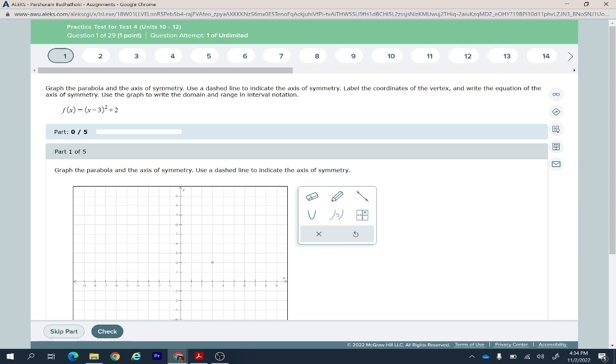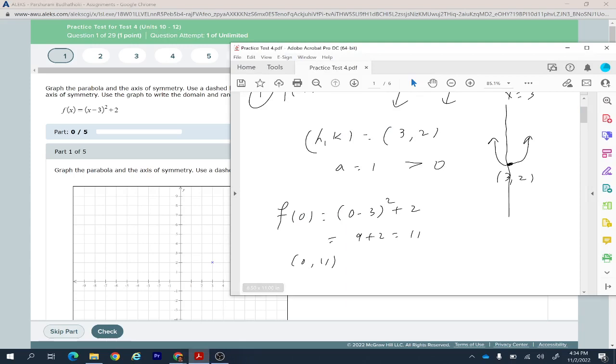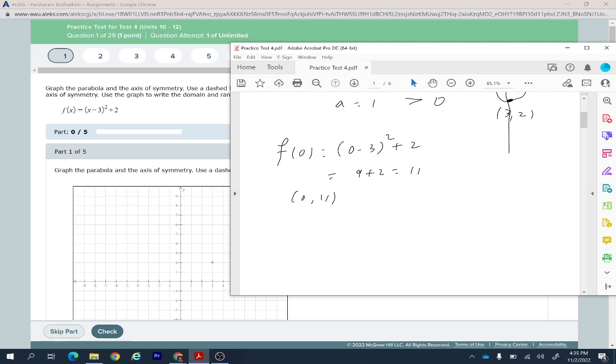Okay, graph the parabola and the axis of symmetry. Use a dashed line to indicate the axis of symmetry. Okay, if x is 4, this point is not plottable because that's out of our range here, so sometimes it happens, that's okay. So find out the value of the function when x is 4.